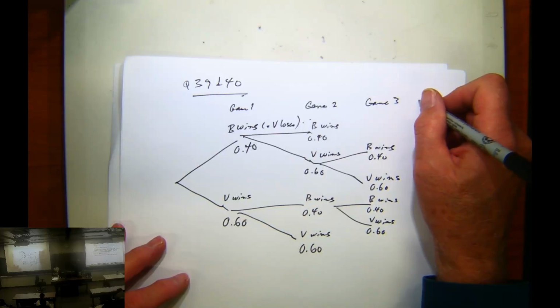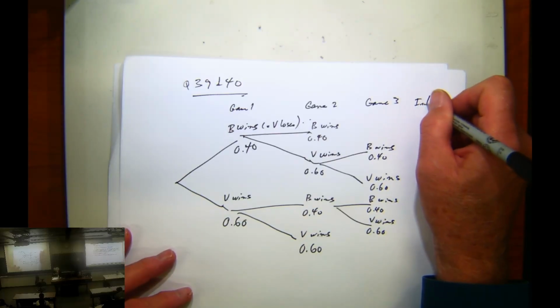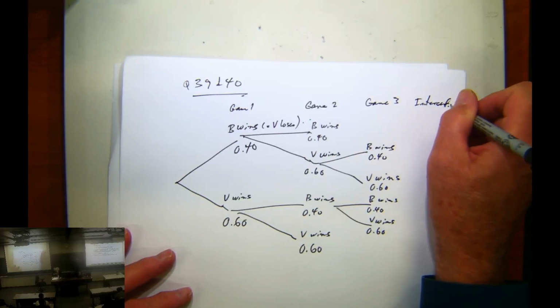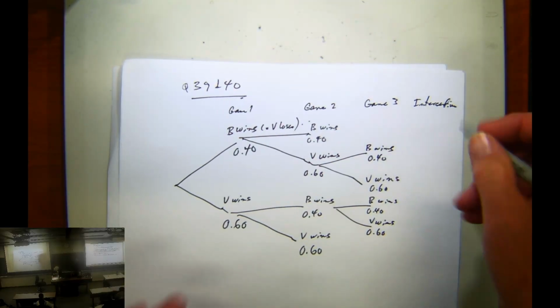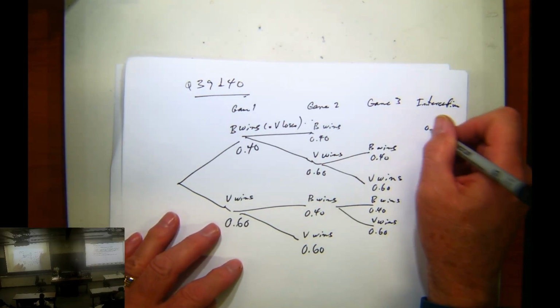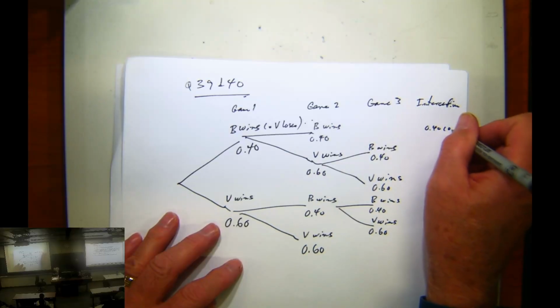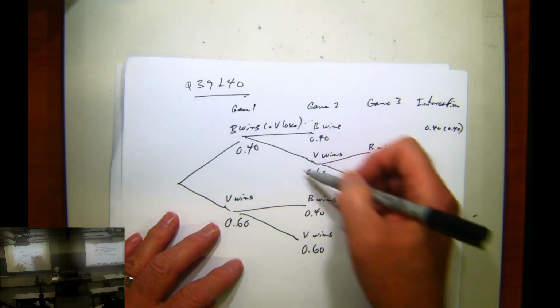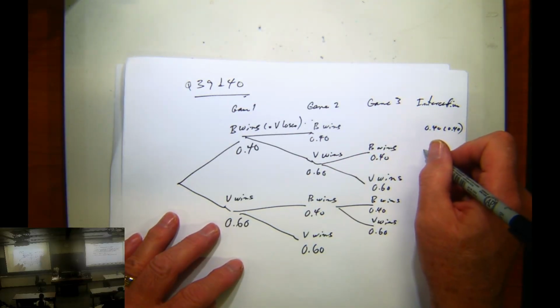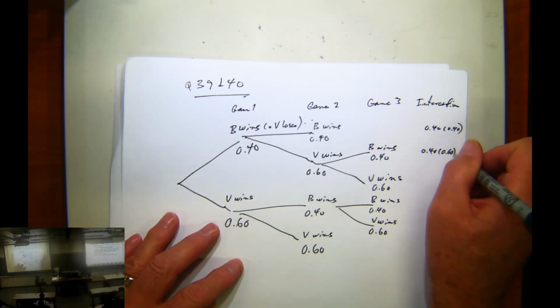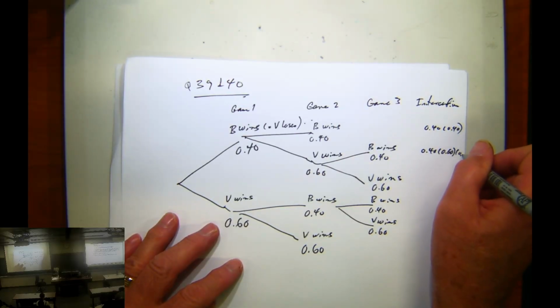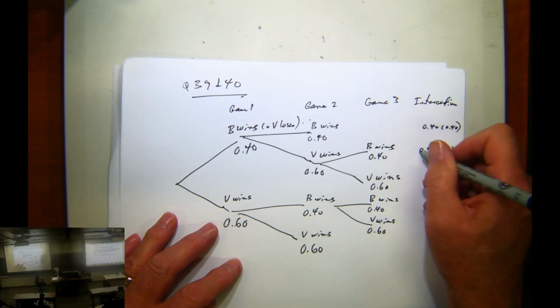So then we can get our intersections. And this one here is going to be 0.40 times 0.40. This one here, going across here, is going to be 0.40 times 0.60 times 0.40. Oh, why didn't I give that a little more space?